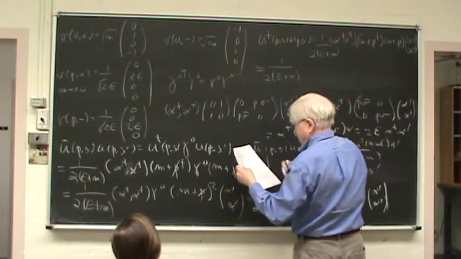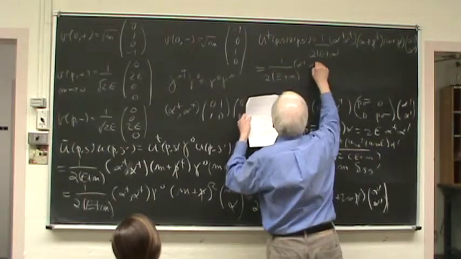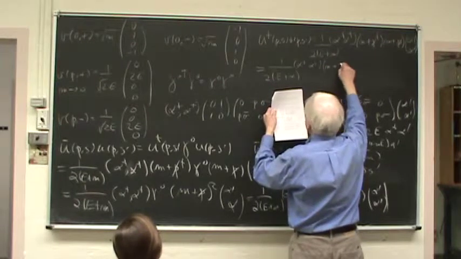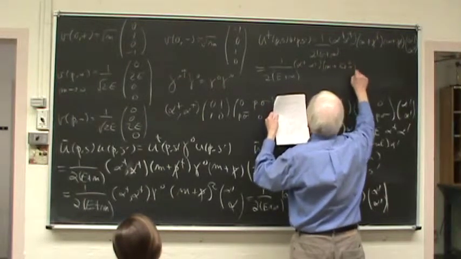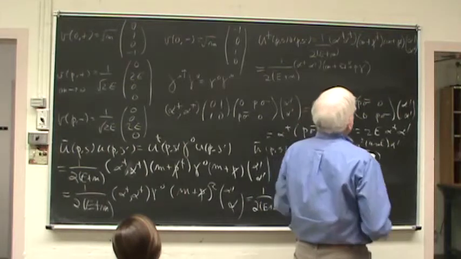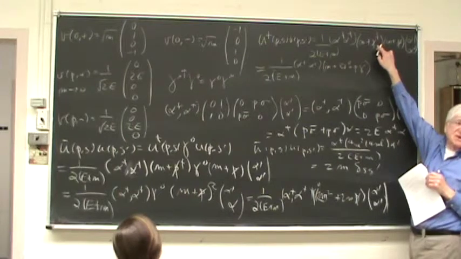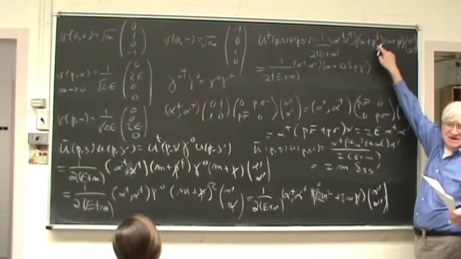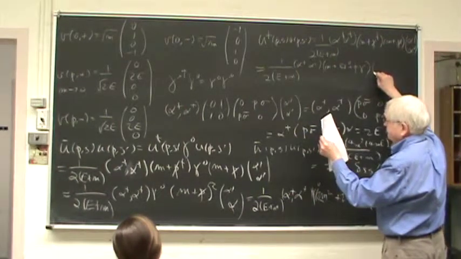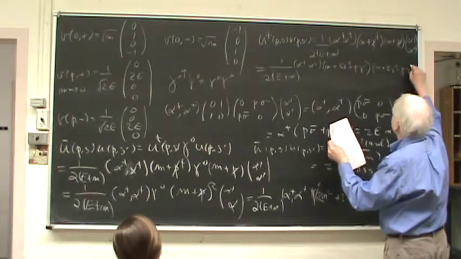There's perhaps some typos. And now what we've got is m plus e gamma 0 plus p dot gamma. The p dot gamma comes in with a plus sign because it would have a minus sign because of p-slash, but because of the adjoint, you have another minus sign on the space components. And then this one is m plus e gamma 0 minus p dot gamma.